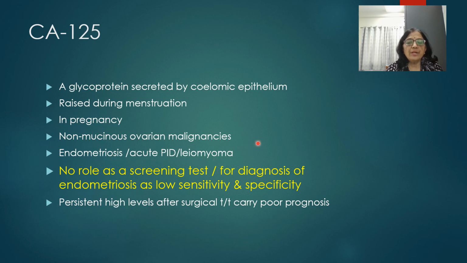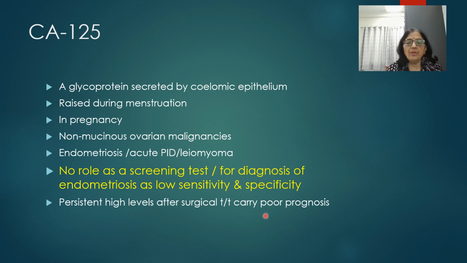So whatever condition leads to peritoneal irritation can lead to a rise in CA-125. So it has no role as a screening test or for diagnosis of endometriosis, because it has low sensitivity as well as specificity. But in a diagnosed patient of endometriosis, if there are persistent high levels after surgical treatment, that usually indicates a poor prognosis.